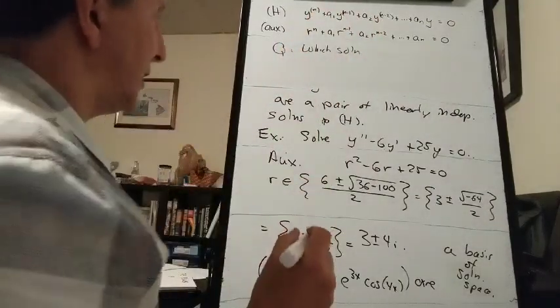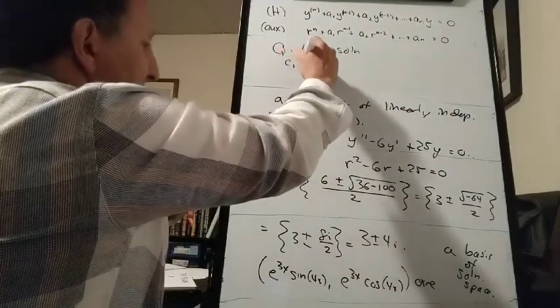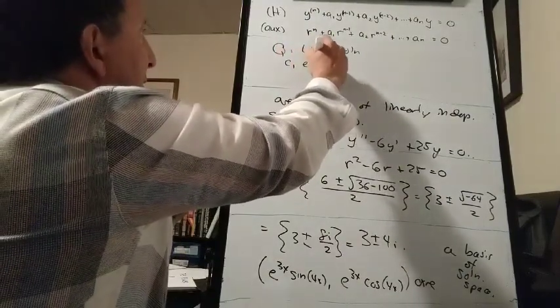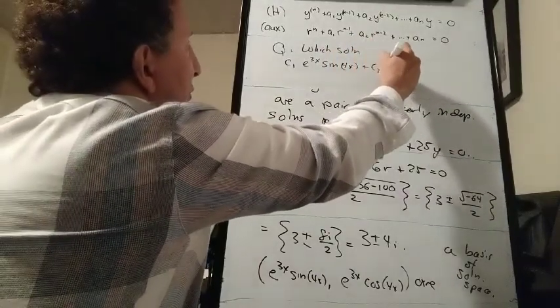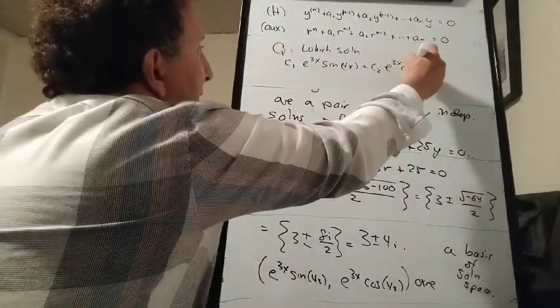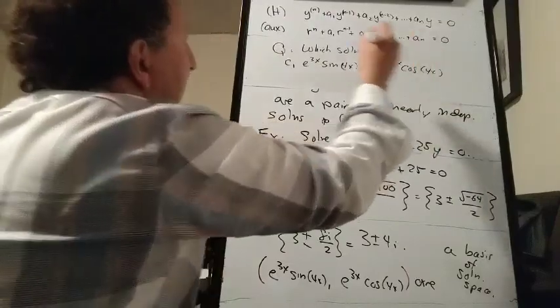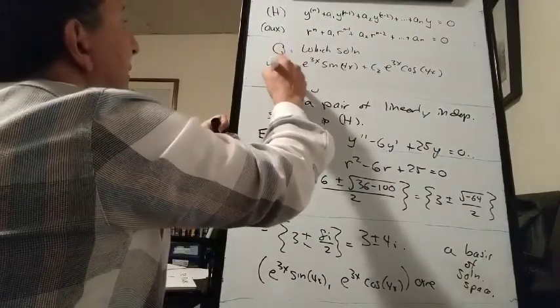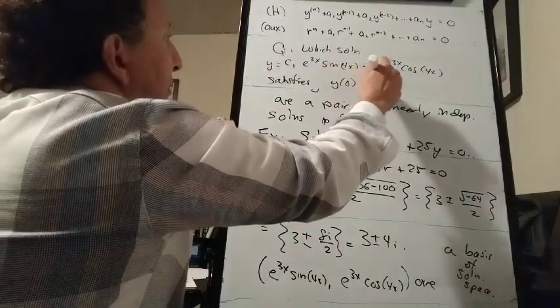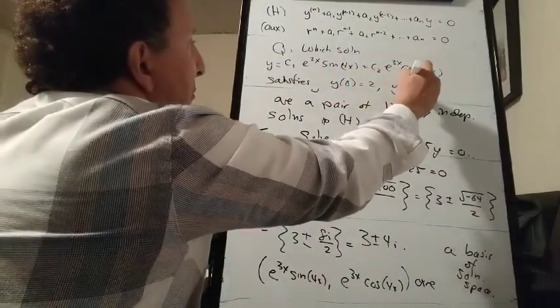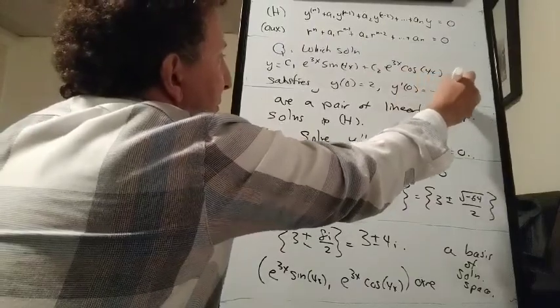So which solution c1 e to the 3x sine of 4x plus c2 e to the 3x cosine of 4x satisfies y of 0 equals 2, y prime of 0 equals negative 2?